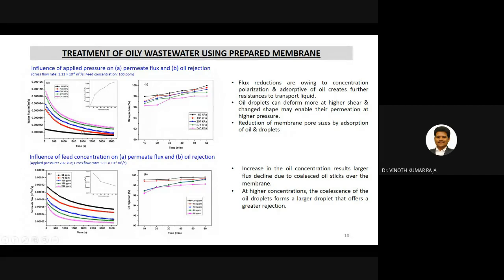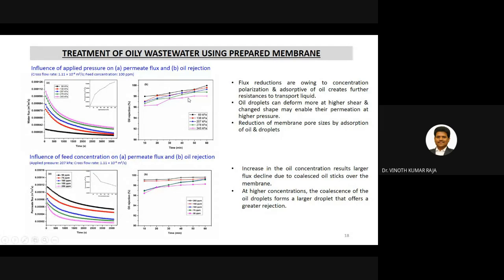On the other hand, if you look at the rejection, this figure represents the rejection of oil with time for various applied pressures. It can be seen from this figure that the oil rejection declines with increasing applied pressure.